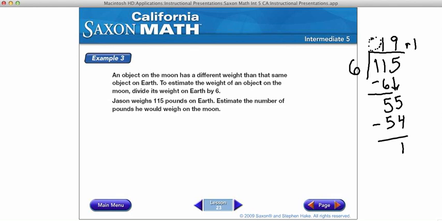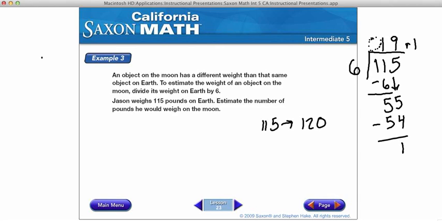However, it says to estimate the number of pounds he would weigh on the moon. So we can't really have a remainder. What we can do is we can either say he would weigh about 19 pounds, or we can round 115 up to 120, because 120 is a compatible number to 6.